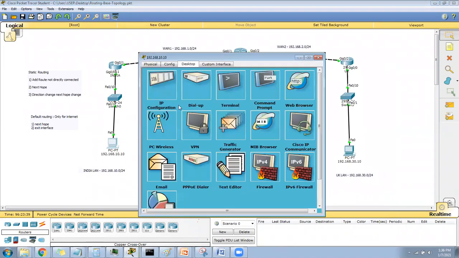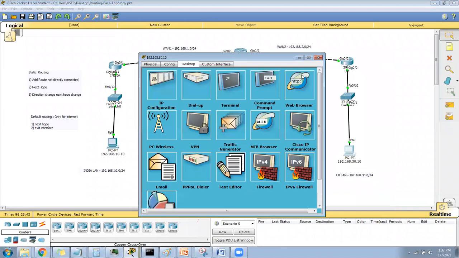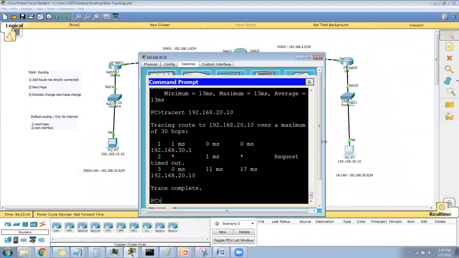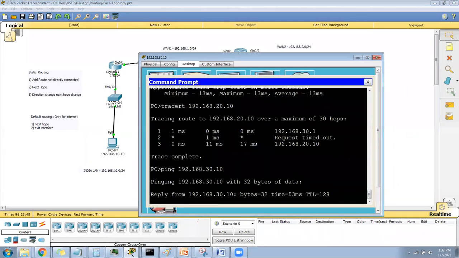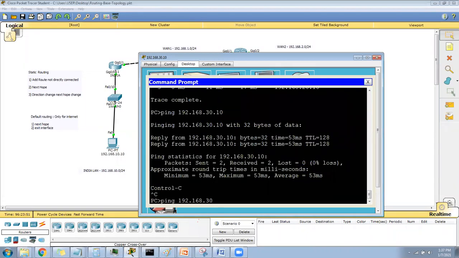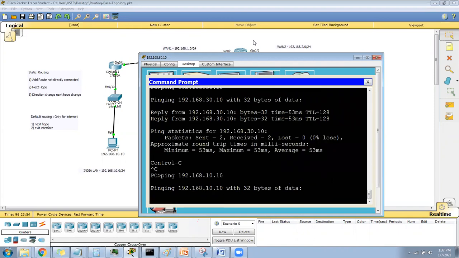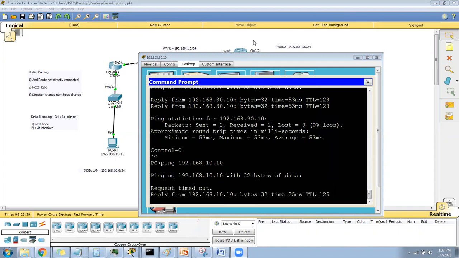So now let's try from here. On the same machine, let me ping 10.10, sorry, 10.10.